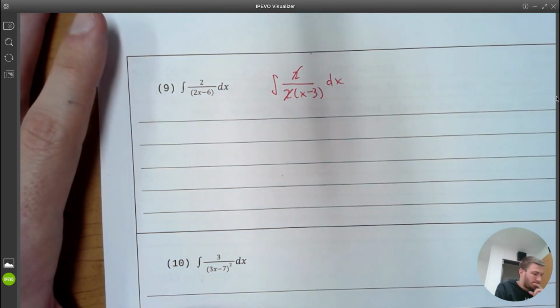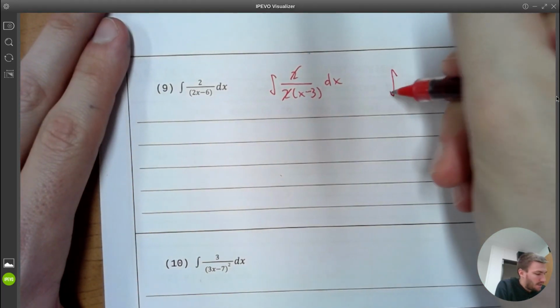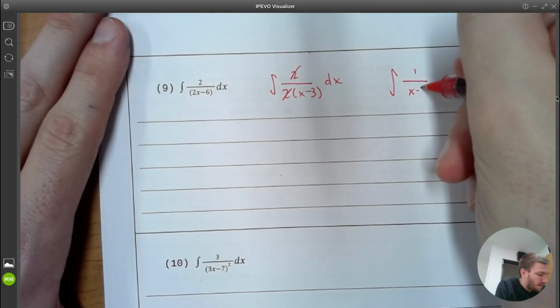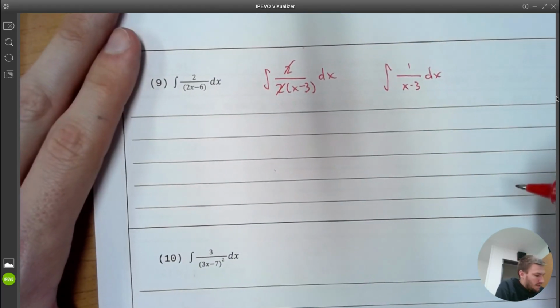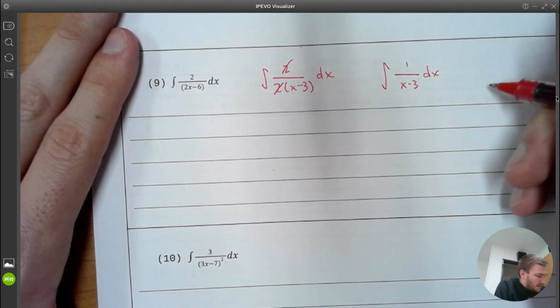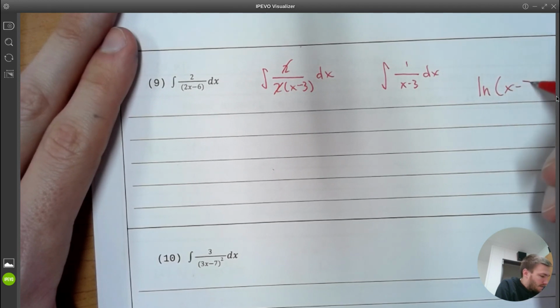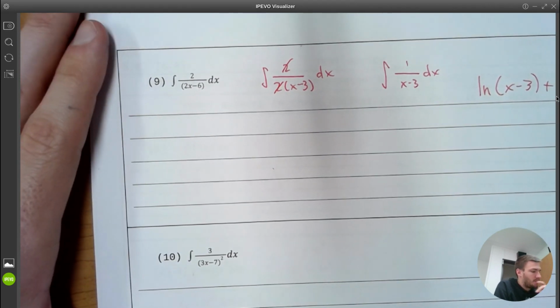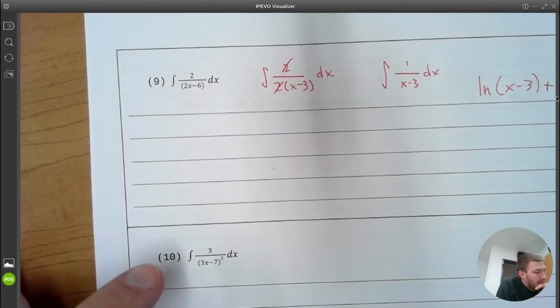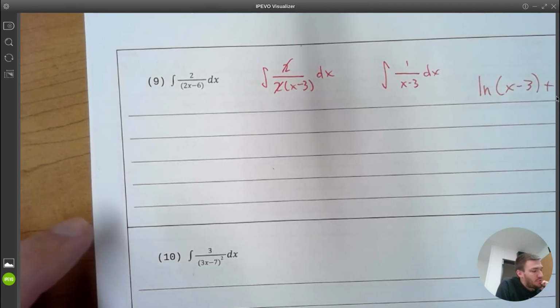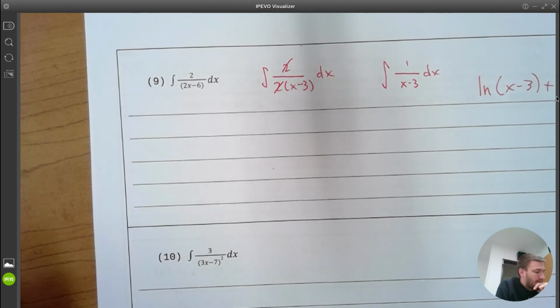So really I just want the integral of 1 over x minus 3 dx, which is easy. ln of x minus 3 plus c. If I didn't do that, I would have to consider u substitution.